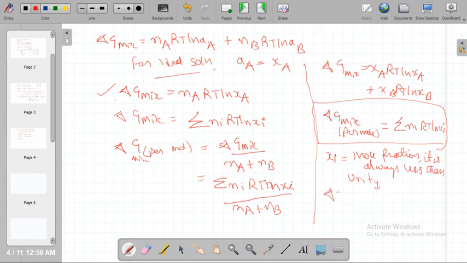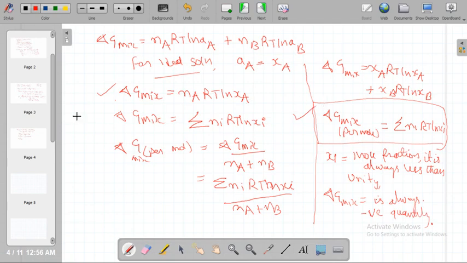Thus delta G of mixing becomes negative, or delta G is always a negative quantity. So this is the entropy of mixing equation you will get.